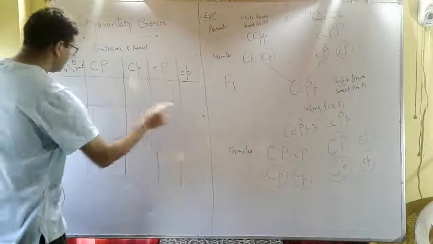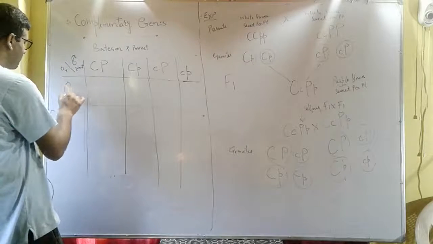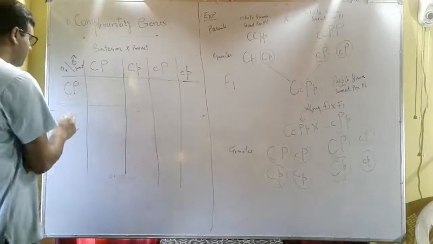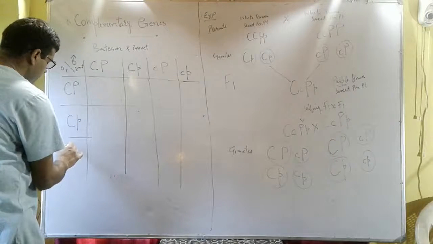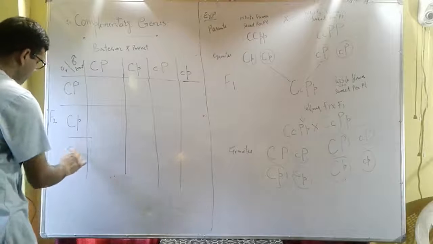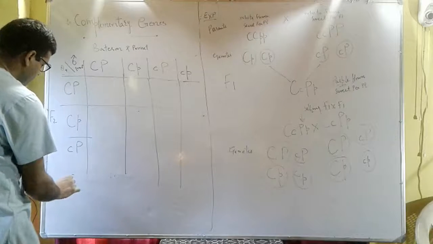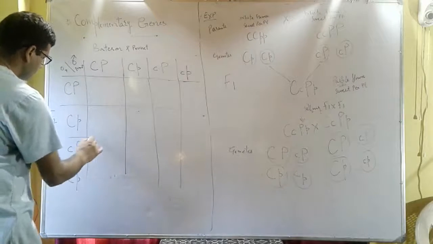Same is the case here, gametes capital C capital P, capital C small p, small c and capital P, small c and small p.